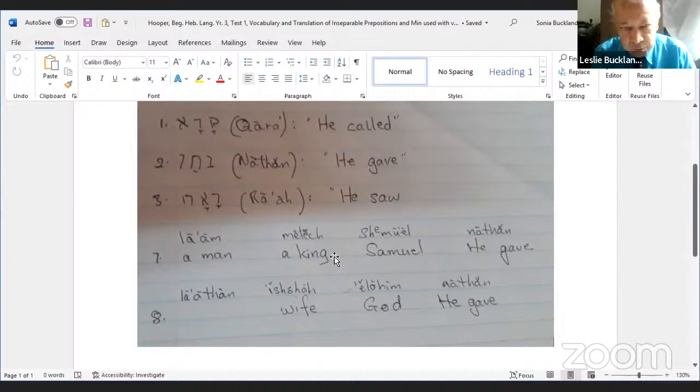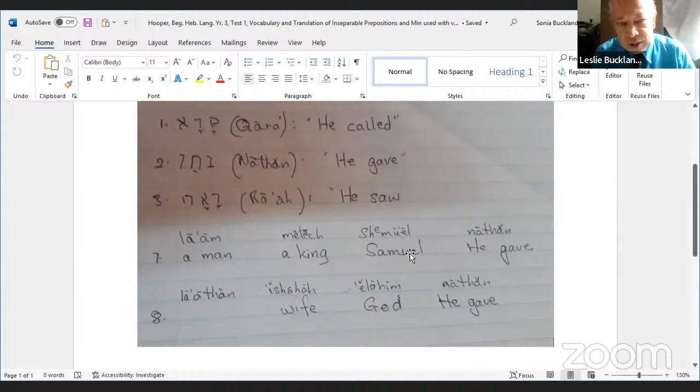Samuel gave a king to the people. That is what the English translation should be. Now, because you're not so familiar with translation as yet, I understand why you are doing it word by word, and I excuse that because you're learning how to translate.